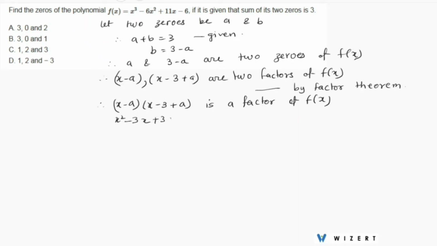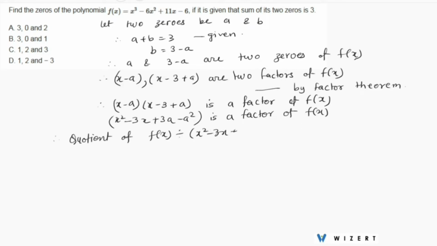So plus 3a minus a square is a factor of f of x. Therefore, we can say the quotient of f of x divided by x square minus 3x plus 3a minus a square is the third factor. Now from this third factor we can find the third root, that is the third zero of the given polynomial.